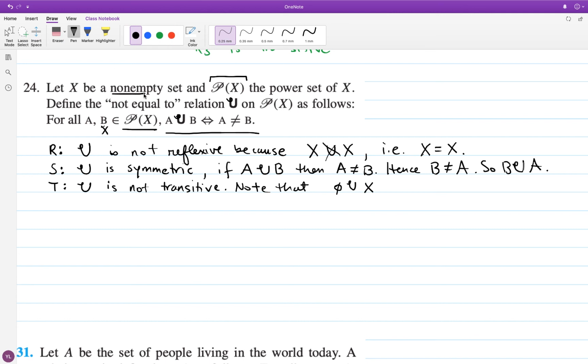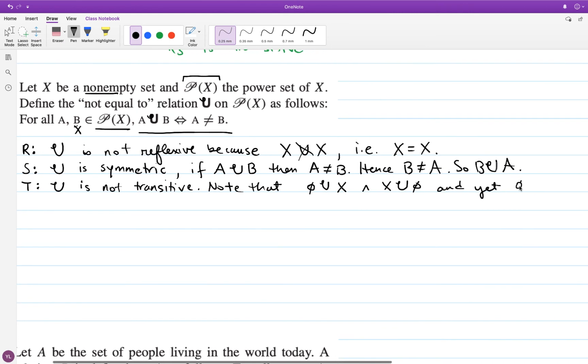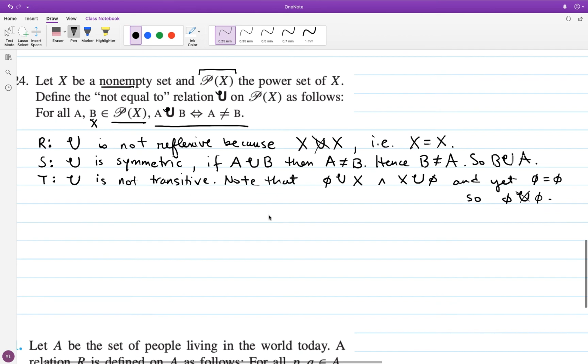It's given that X is a non-empty set, and X is related to the empty set. I've just stated the same thing in a different way, but they're both true statements. If this relation were transitive, I should be able to conclude from this that the empty set is related to the empty set. But that's not true. The empty set is equal to the empty set, so the empty set is not related to itself. That proves that this relation is not transitive.